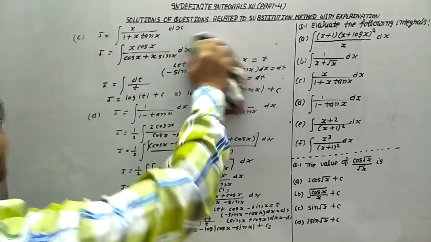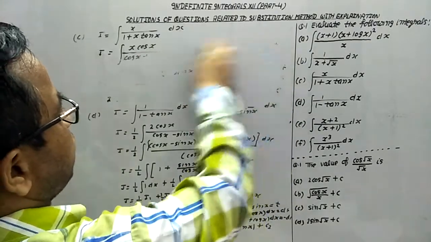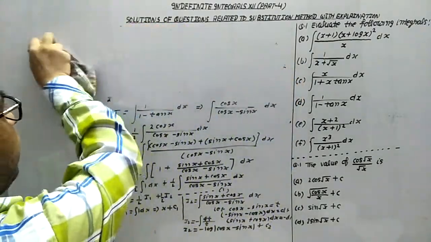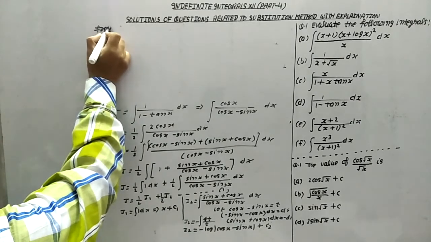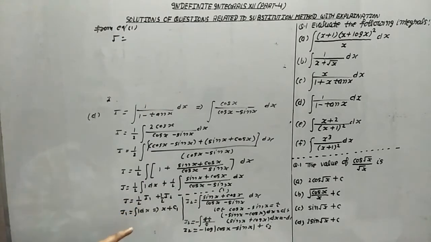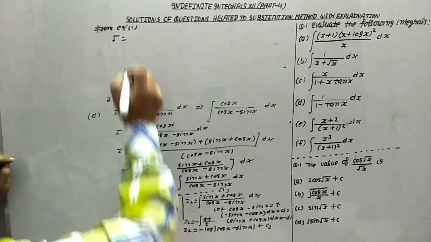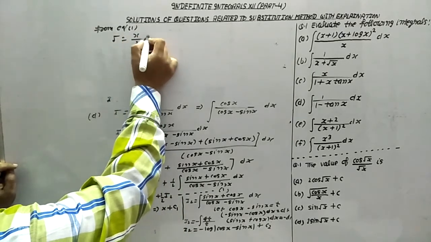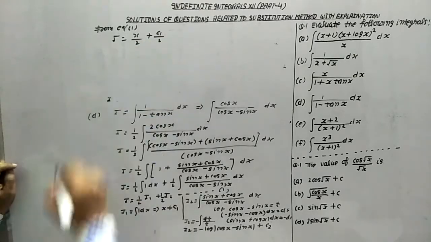Now substitute the values. Once we substitute, look at this. From equation 1, we will get I is equal to, what is the value of I1? The value of I1 is x plus c1. It means x upon 2 plus c1 upon 2.